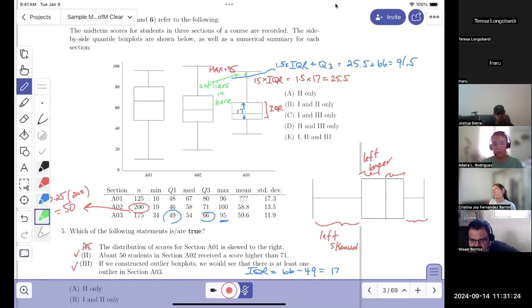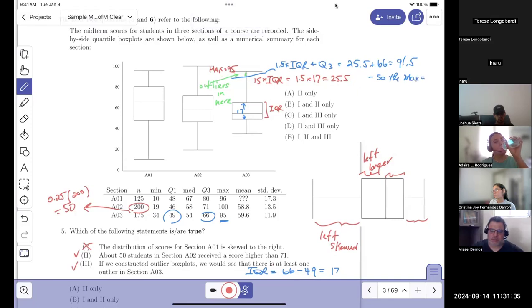So I can make a statement. The max, 95, is one outlier, but there could be more.